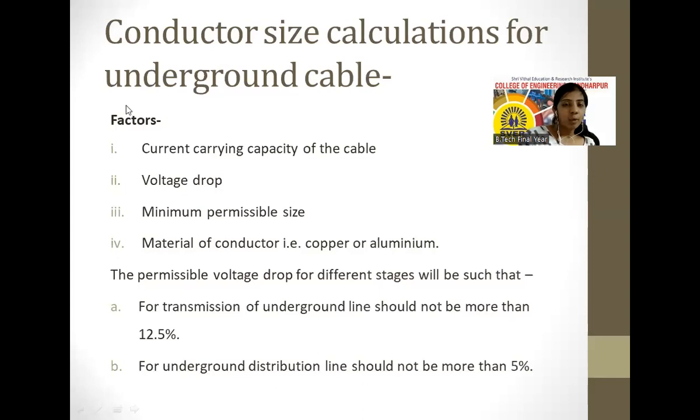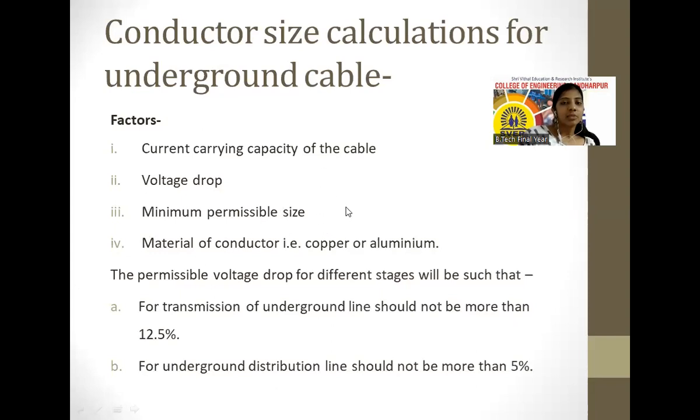The first 4 points are the same for all conductor size calculations, whether for residential purpose, industrial purpose, underground or overhead. Someone please read or tell me these points so that all will get familiar with them.